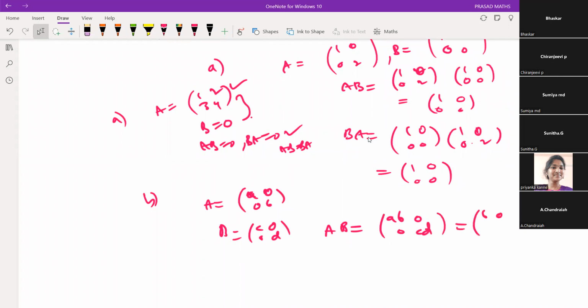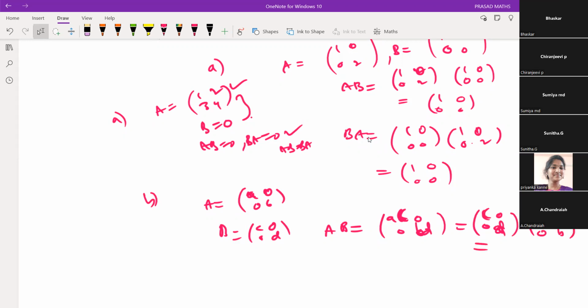So this can be written as BA. Sorry, this is A. What is this? You can take C. Multiplication AC, right? AC, BD. Wrong, AC. Yes, AC, BD. What is this? C D A 0.